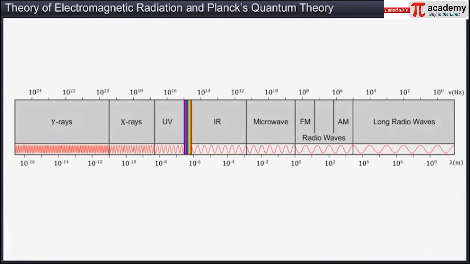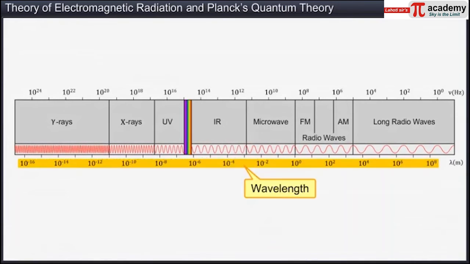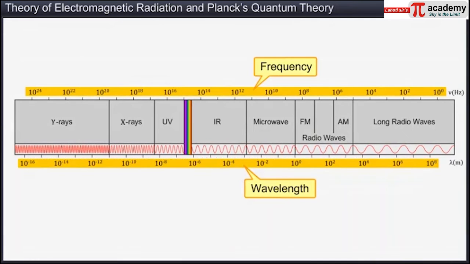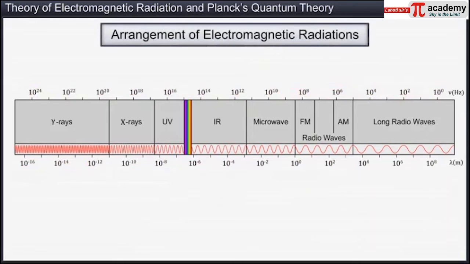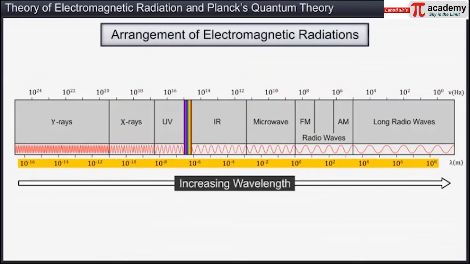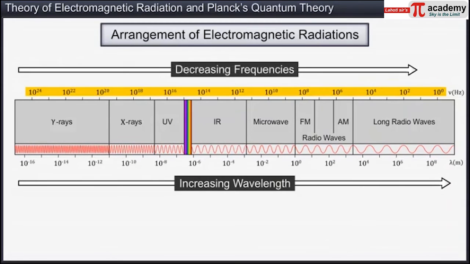All electromagnetic radiations travel with the same velocity but differ from one another in wavelength and therefore in frequency. Let us have a look at the arrangement of different electromagnetic radiations in increasing order of their wavelengths or in decreasing order of their frequencies.